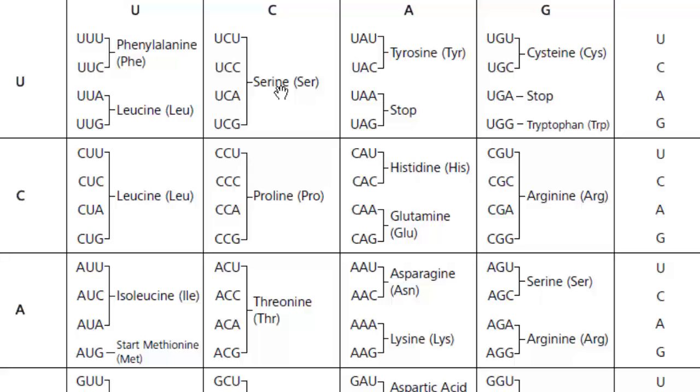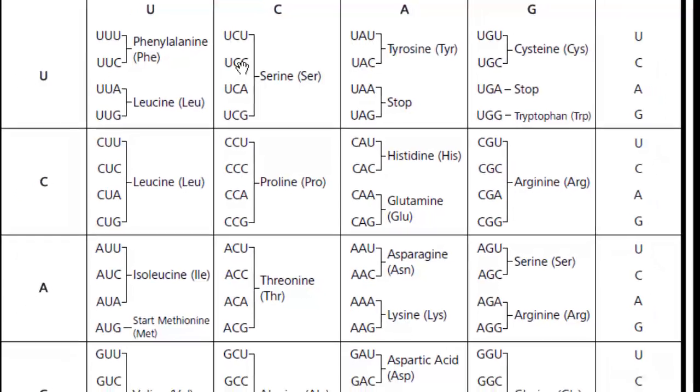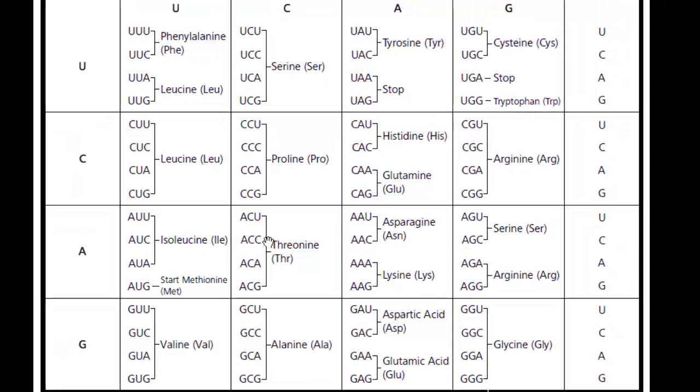You would have still gotten serine. So you could have a slightly different DNA code as long as it's the third codon, and you might not even change the actual product itself. But if you were to change the first letter, so a U being changed to a C or an A or a G, you can see in all of these cases, you would have a very different result.